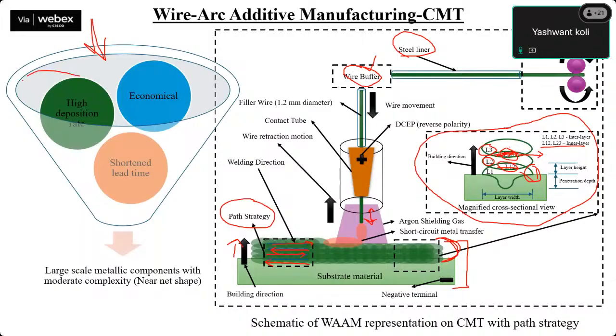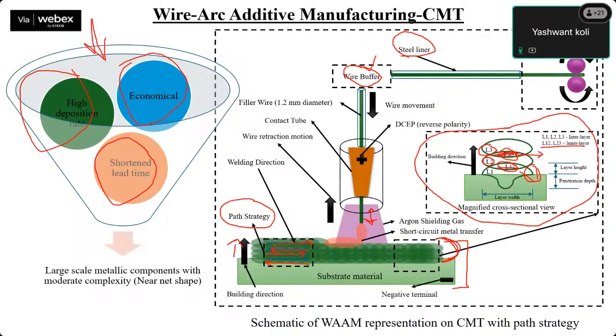Because it has a high deposition rate, it is very economical, and it has shortened lead time. In less time, we can fabricate a bigger component because of the higher deposition rate. It is almost 3 to 4 kgs per hour. This much high deposition rate we can achieve.